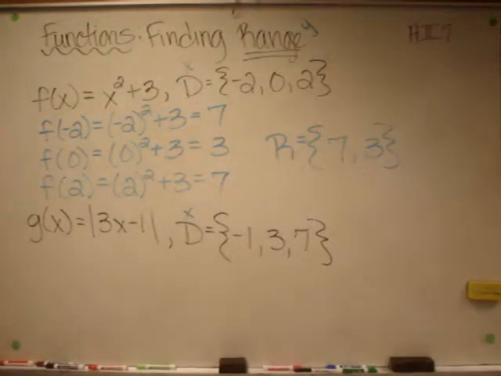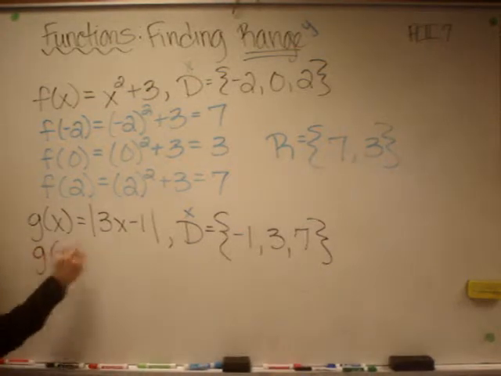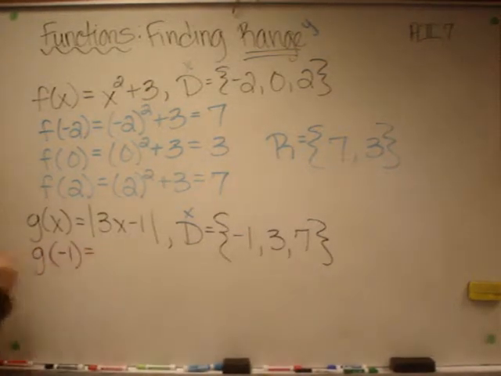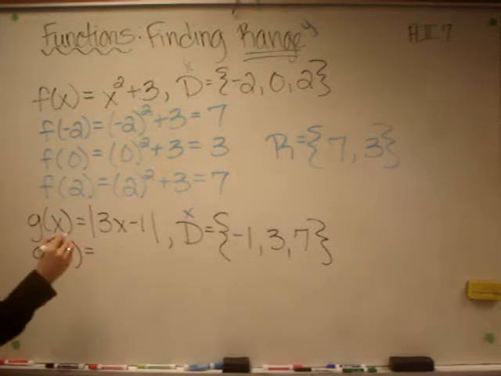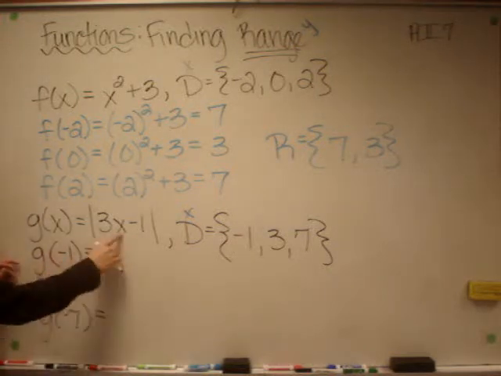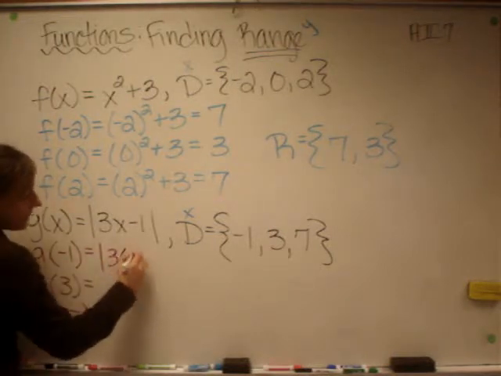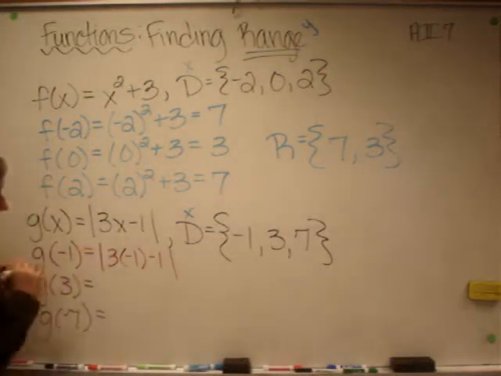All right, same thing here. We would just take out the x, put in a -1 the first time around, put in a 3 the second time around, and put in a 7 the last time around. So if I put in a -1 right here, that's the absolute value of 3 times -1 minus 1.